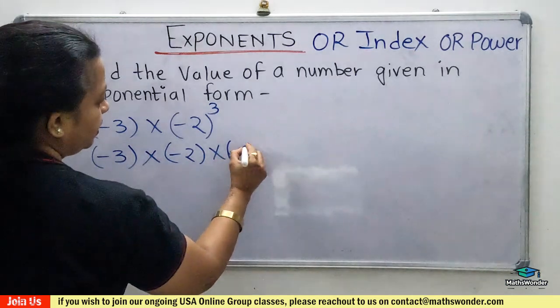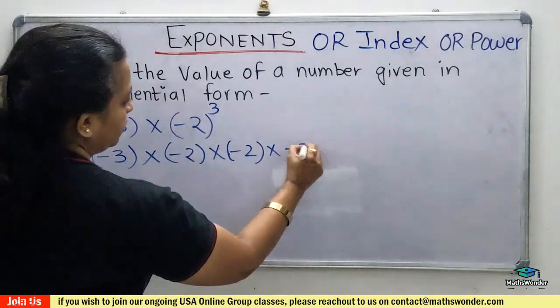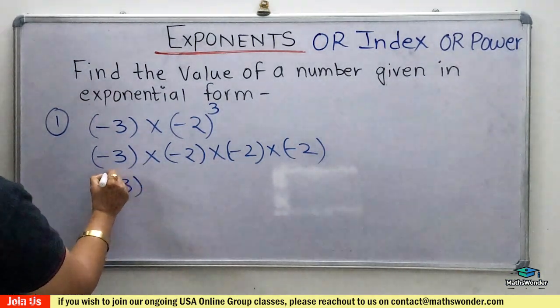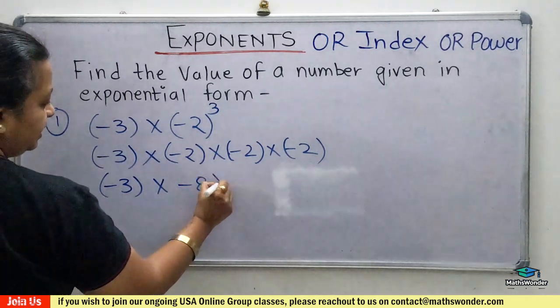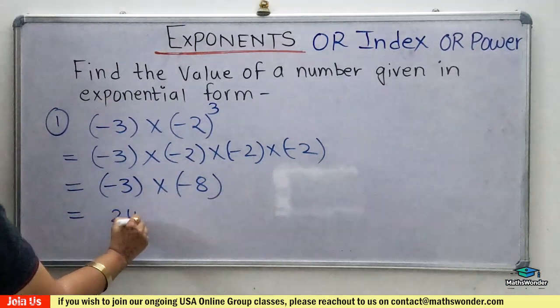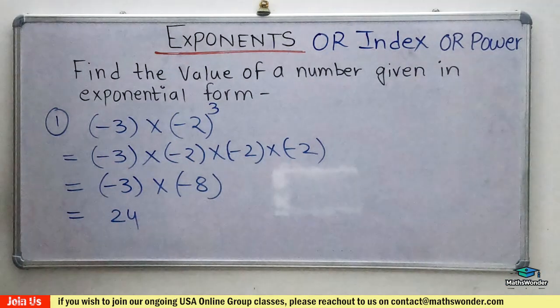What will be the value? It is negative 8. Now, when you multiply negative 3 and negative 8, is it positive? Yes, of course, because both are negative. Understood the concept now? Perfectly? Yes.